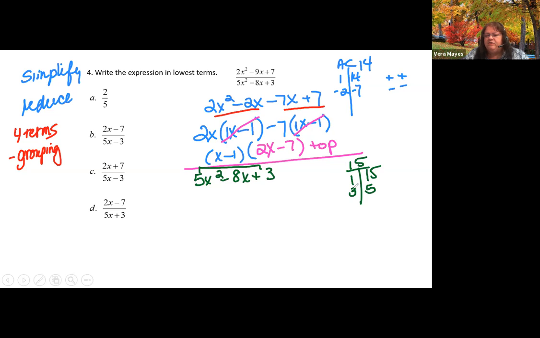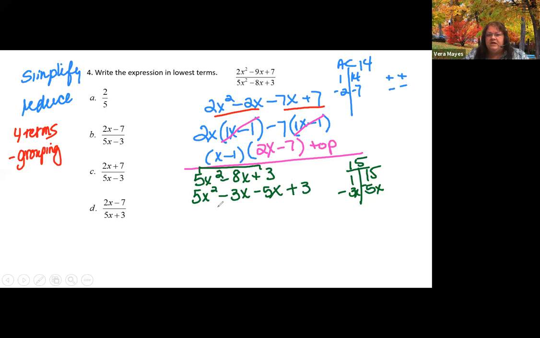These two are the only ones that can give us an 8. The 15 is positive, and because the middle term is negative, these both have to be negative. So I'm breaking the middle term apart into 2 pieces, a negative 3x and a negative 5x. If I combine those back together, I still have the negative 8x that I started with.